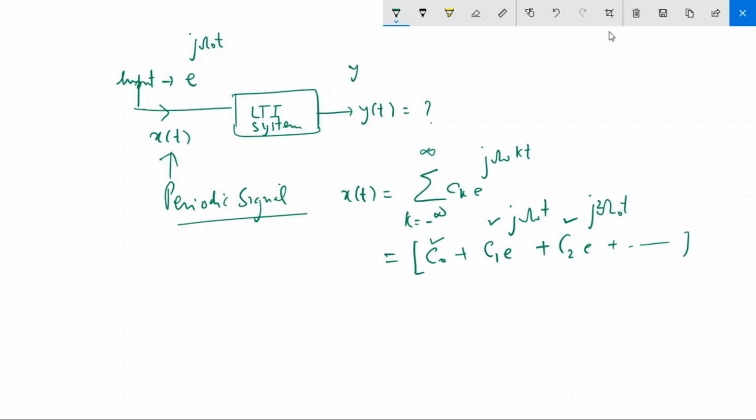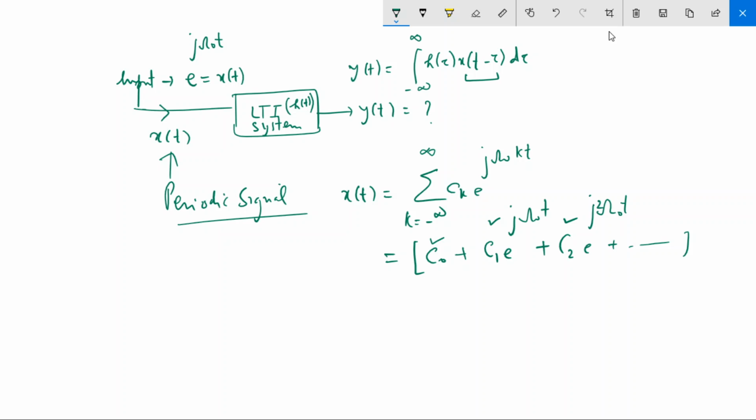What will be the output of the system? This is convolution. I assume that it has some impulse response h(t). So y(t) is nothing but the integration of h(τ) x(t − τ) dτ.